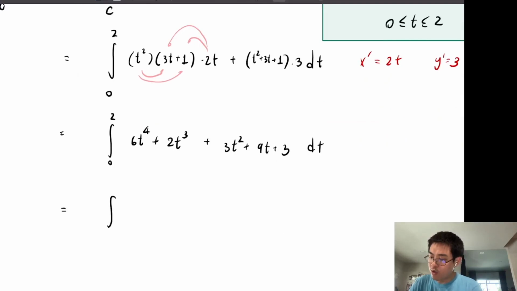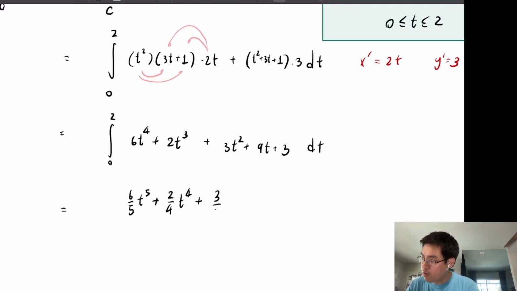All right, so from 0 to 2, you integrate now. You get 6 over 5 t to the 5 plus 2 over 4 t to the 4 plus 3 over 3 t to the 3 plus 9 over 2 t squared plus 3t, from 0 to 2.